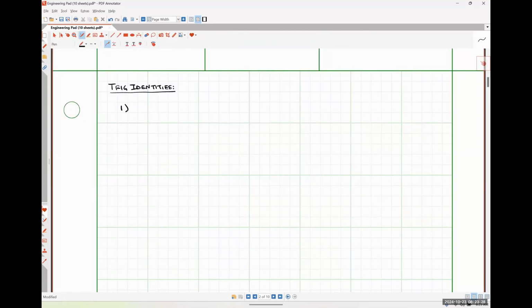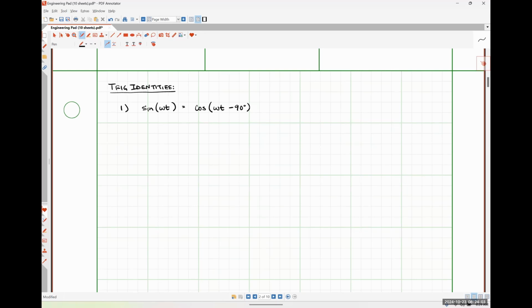So our first trig identity is the sine of omega t is equal to the cosine of omega t minus 90 degrees. So effectively, a cosine function is nothing more than a sine function that is time shifted to the right by some amount, which we can very obviously see just from looking at the graph.